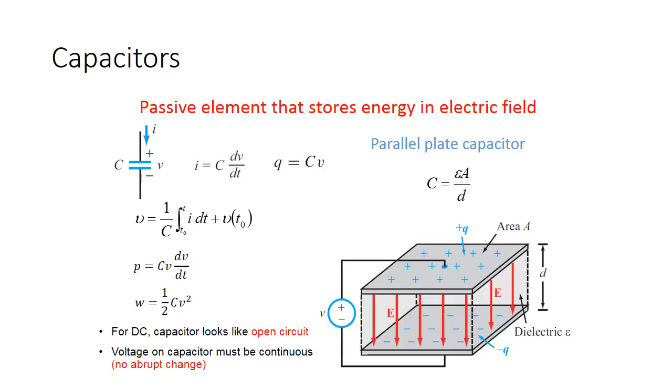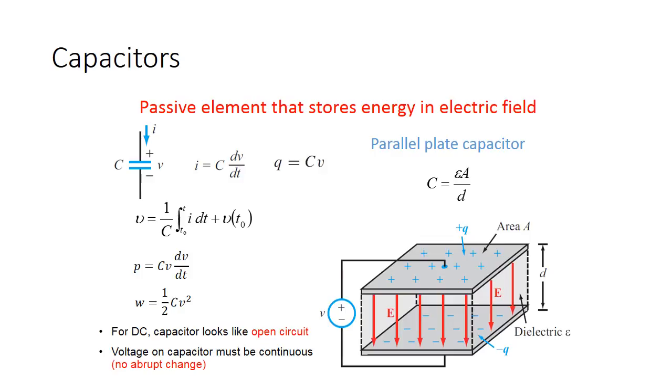If we go down a little bit more, we have the equation for voltage, where v(t) equals 1 over C times the integral from t0 to t of the current, plus the initial v(t0). Also, if you look above, I skipped it: Q equals CV, charge equals capacitance times voltage. If we go down below, we get our power equation, p equals Cv dv/dt, and also we're going to be looking at w equals 1/2 CV squared.